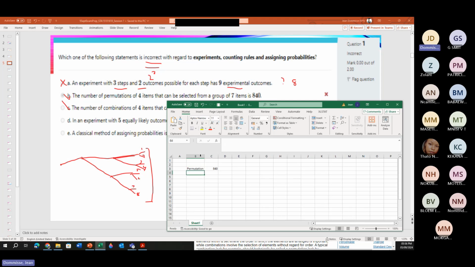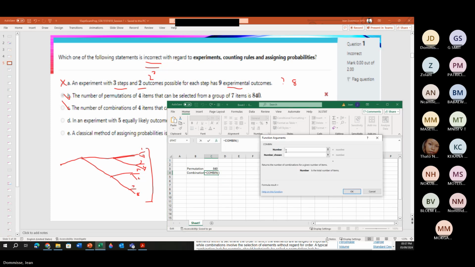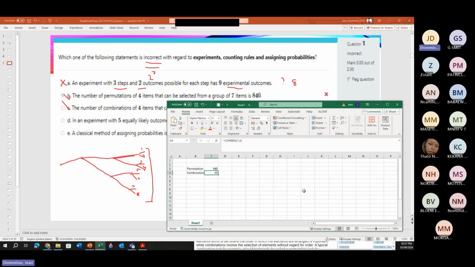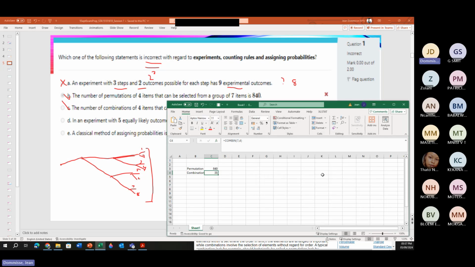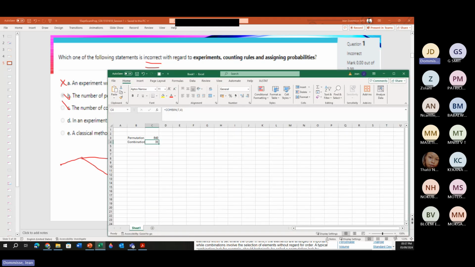So there's the permutation, 840. And if you did a combination, let's quickly check. Returns the number of combinations. Again, there you will also see the 35. So again, I will share this with you as well.